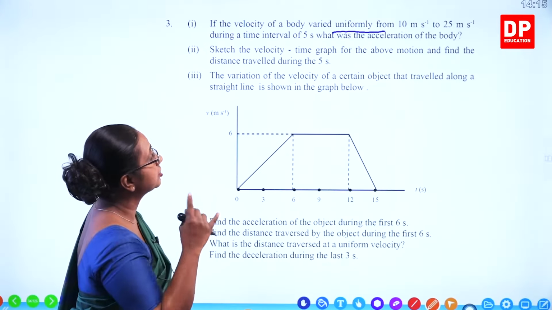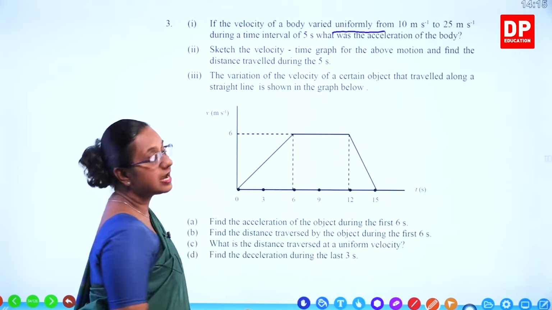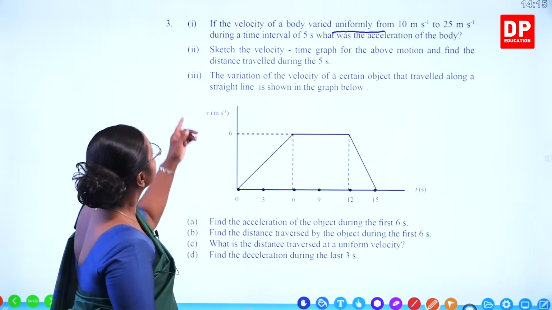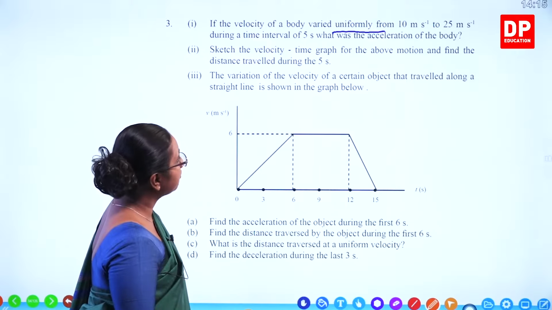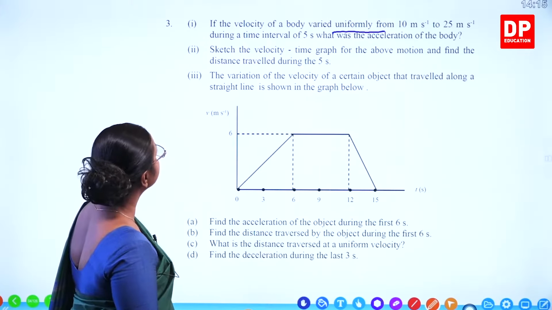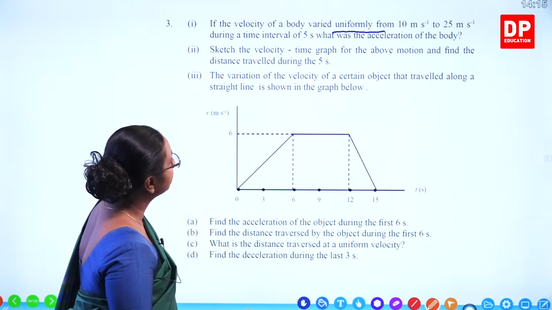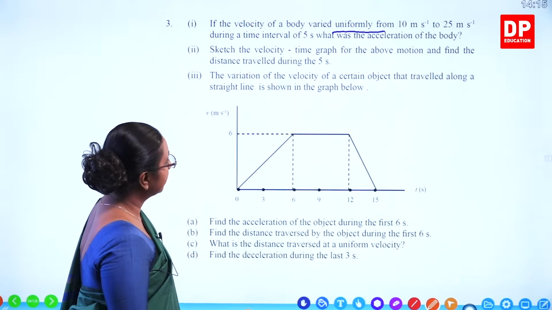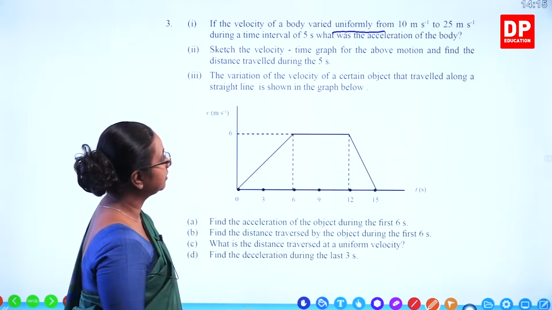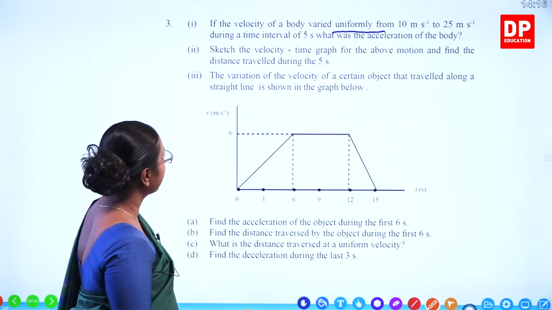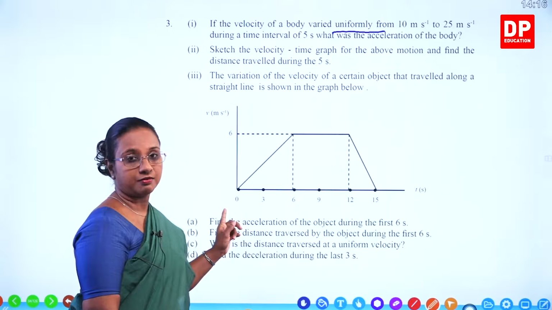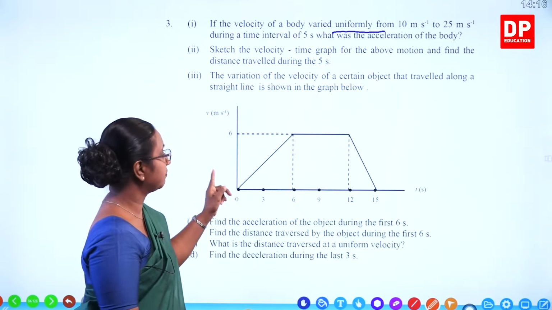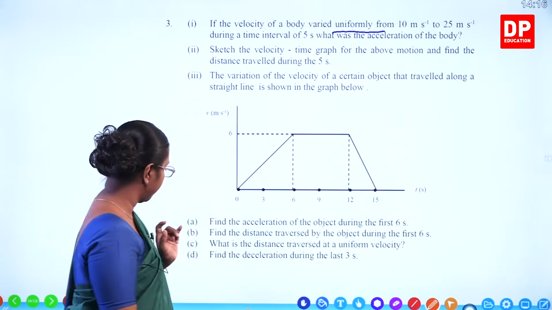Uniformly 10 meters per second to 25 meters per second and time is 5 seconds. Sketch the velocity time graph for the above motion and find the distance traveled during the 5 seconds. The variation of the velocity of a certain object that travelled along a straight line is shown in the graph. This is another graph, another object, another graph.